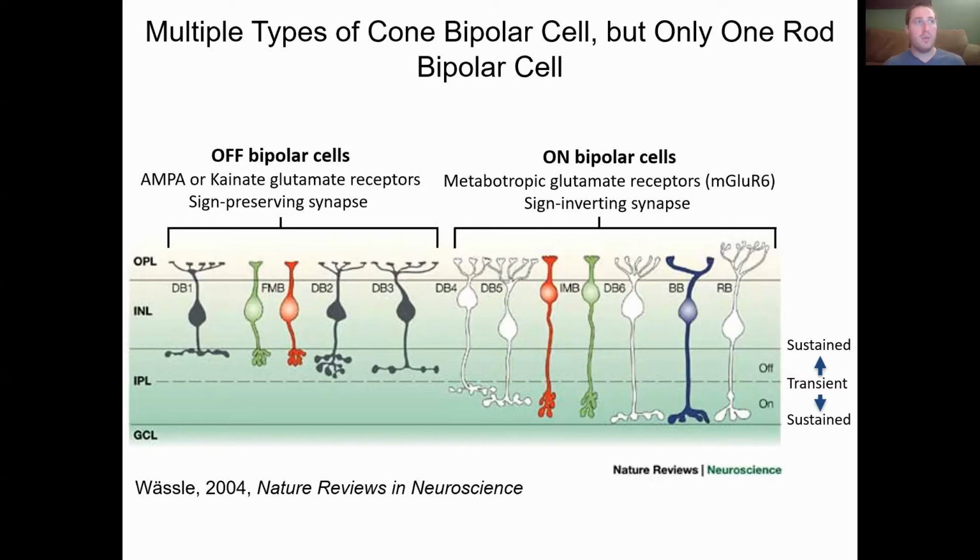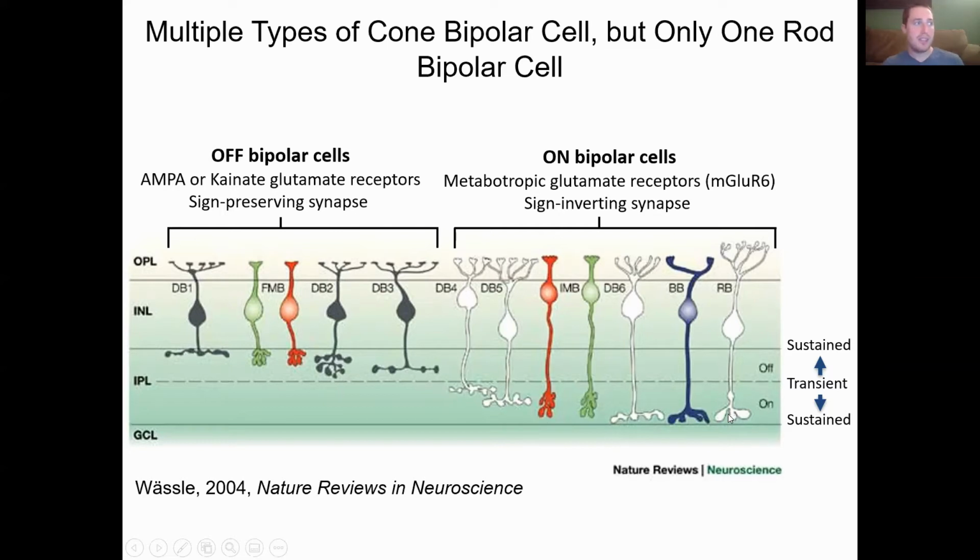And there is one type of rod bipolar cell. And so the numbers vary a little bit based on species, but this is for humans. There's a whole range of both off cone bipolar cells and on cone bipolar cells. And then the one rod bipolar cell type is an on type.